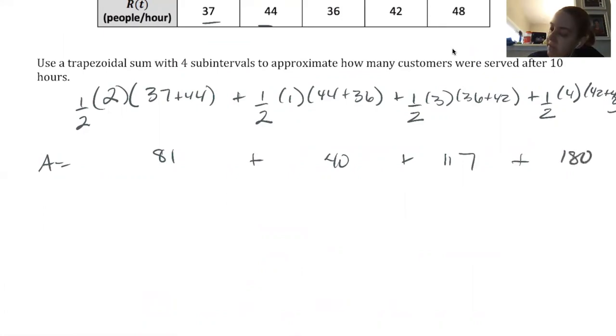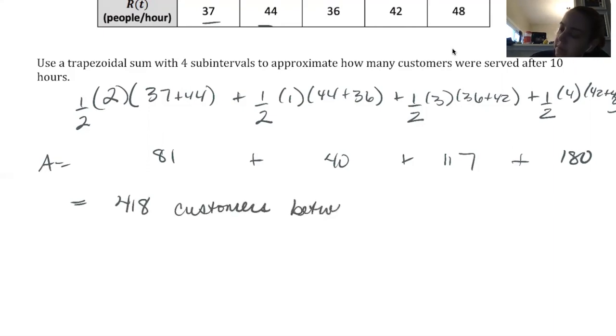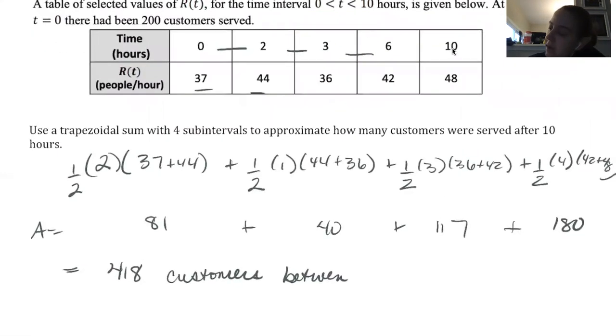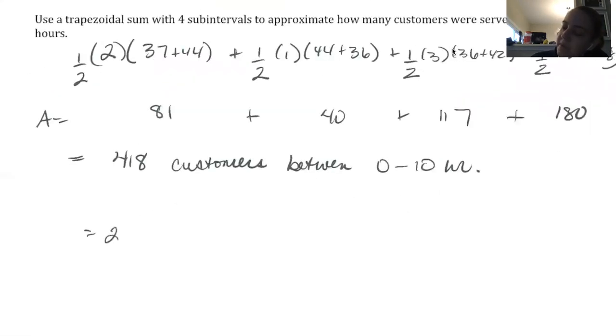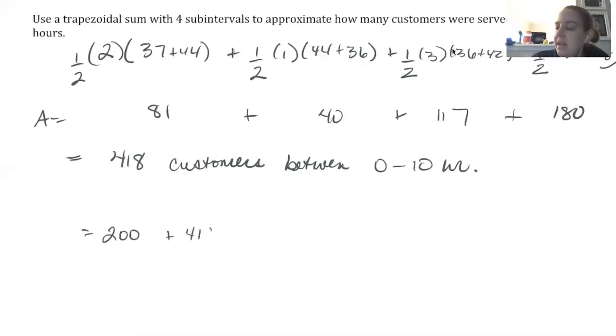So now if I add all of these together, 117 plus 40 plus 81 is 418 customers between 0 and 10 hours. But don't forget, at time equals 0, there were 200. So we have to take that initial amount, 200 plus 418, and we get 618 customers served.